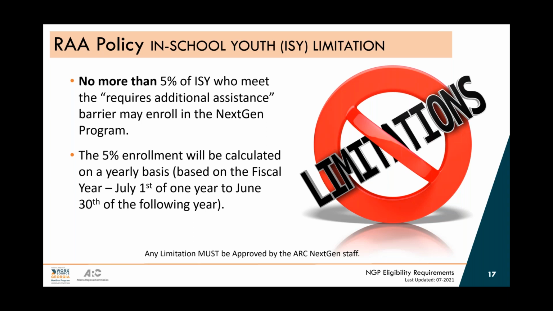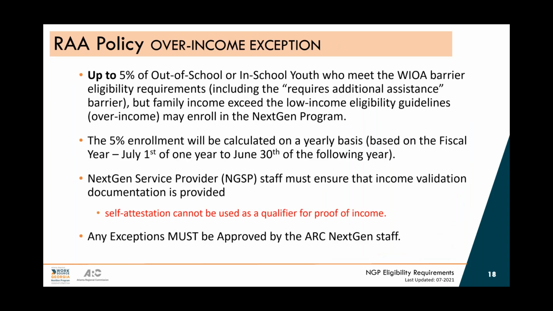And then that other limitation is about income. So the over income exception is basically saying that out of everyone that's required to be low income, which is anyone who falls under the RAA policy, is required to be low income. Anybody who's in in-school youth is also required to be low income.